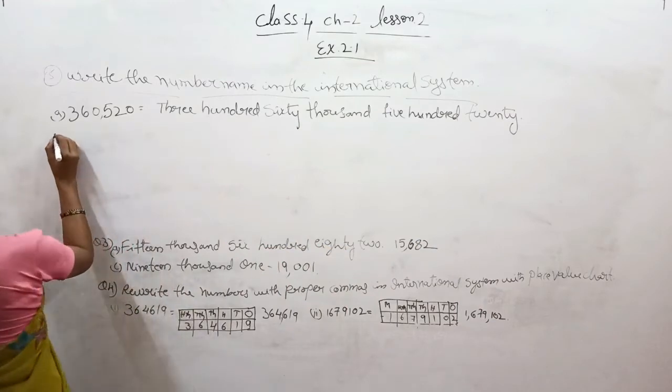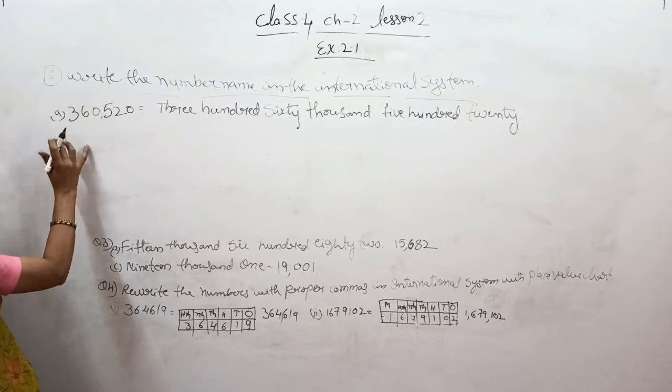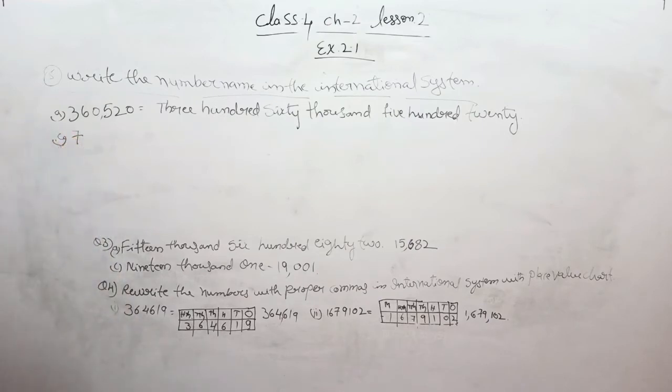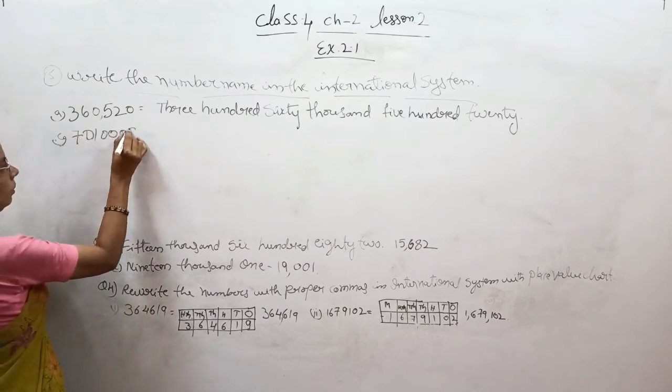Then the second one, that is question number C, 7,010,008.